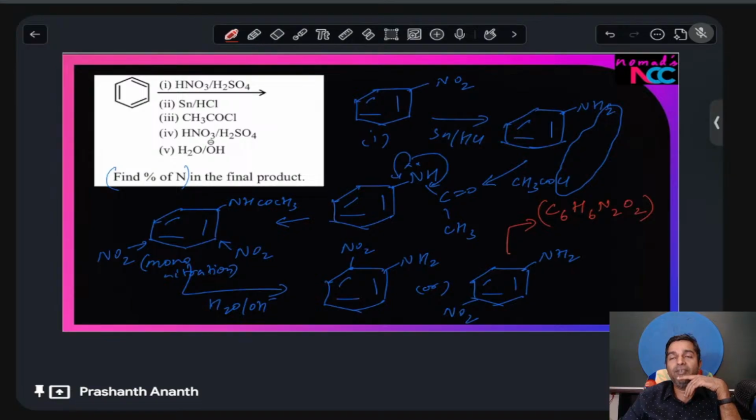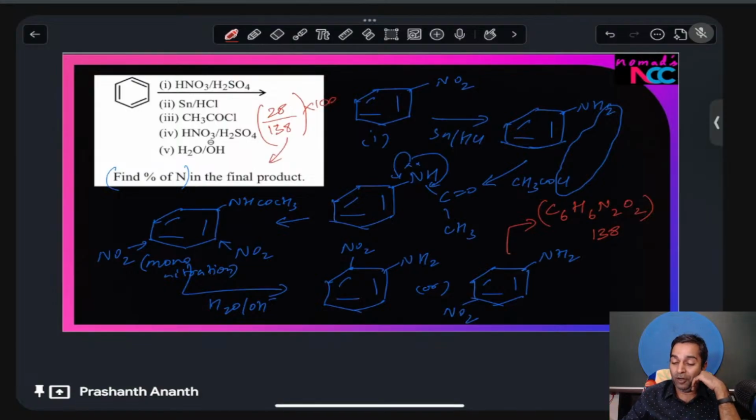So 60 plus 78 works out as 138. And we are going to be having 28 over here. So the percentage is going to be 28 by 138 into 100. So that is going to be the percentage over here. That calculation I'm leaving off now.